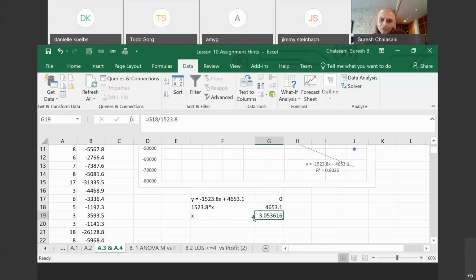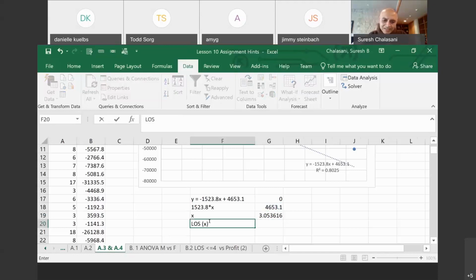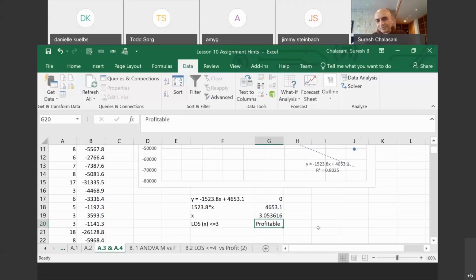So what I'm concluding using this is that length of stay, x, less than or equal to 3 is profitable, right? And above 3.5, I'm definitely not profitable.